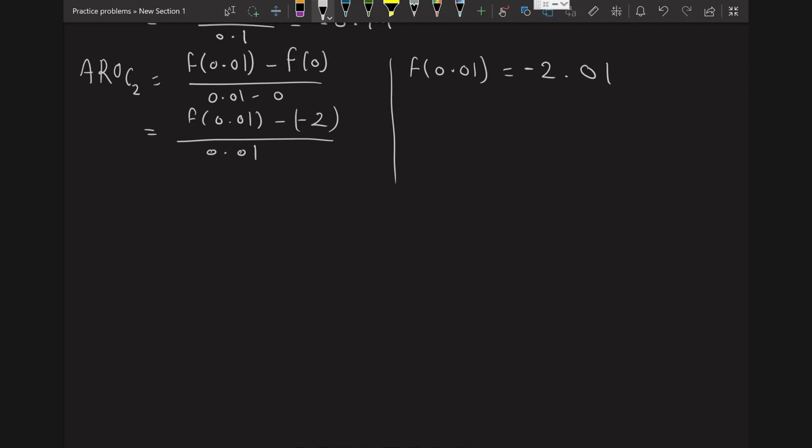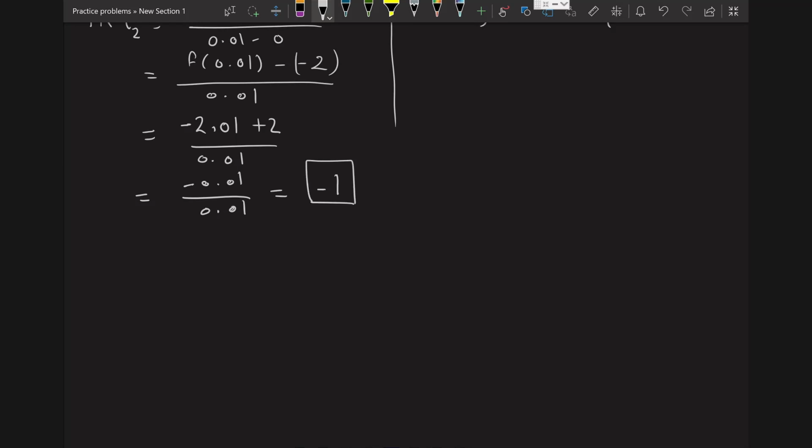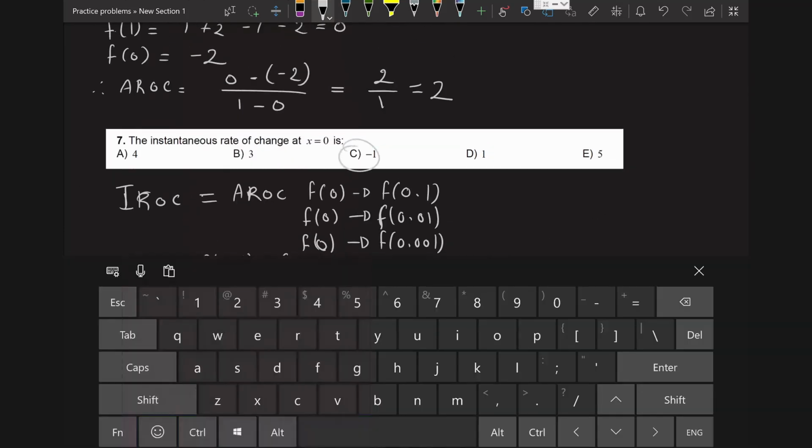I'm actually getting 0.0097, so I can just round that to negative 2.01. That's going to equal negative 2.01 plus 2 over 0.01, which is negative 0.01 over 0.01, which is equal to -1. Since we already got the answer here, I don't need to do the 0.001 part. I'll probably get the exact same thing again. So -1 is the answer, and that would be C.